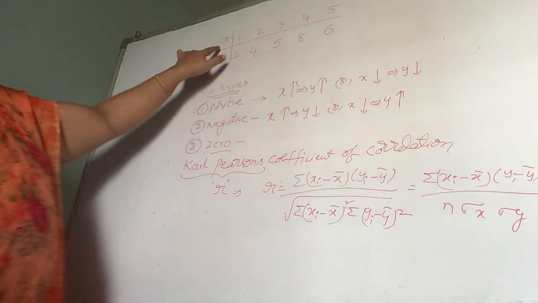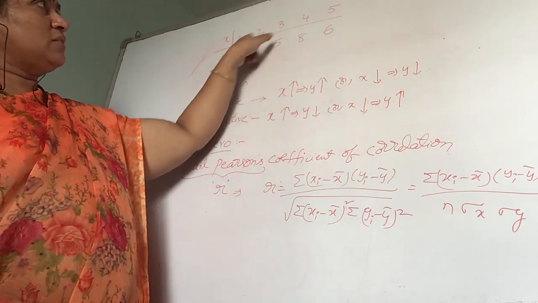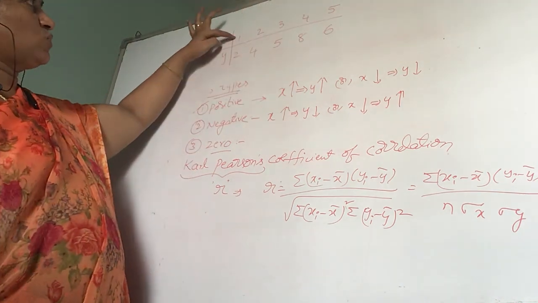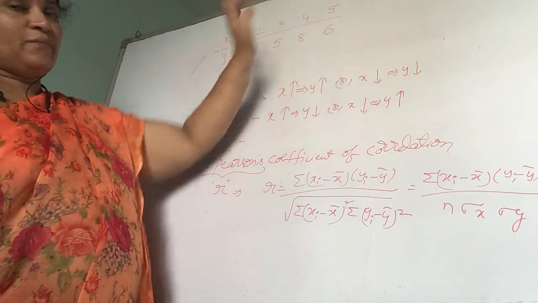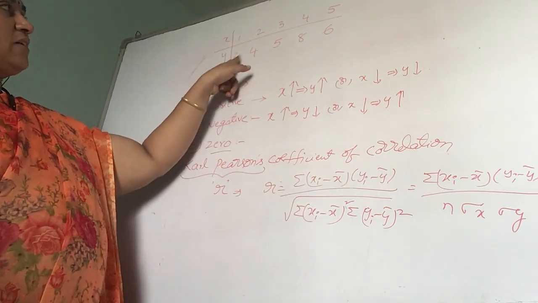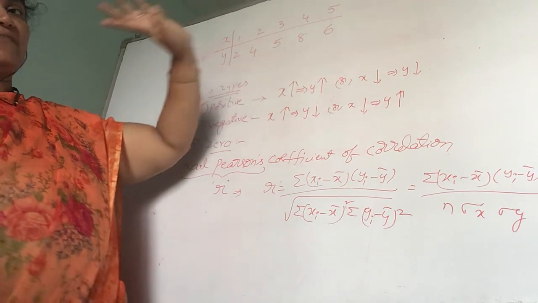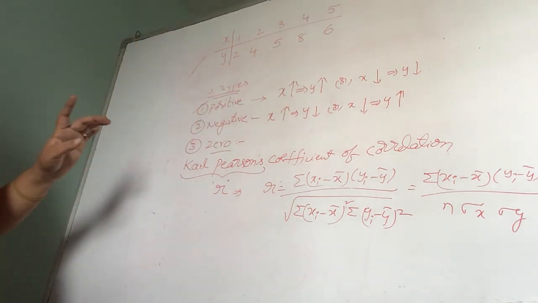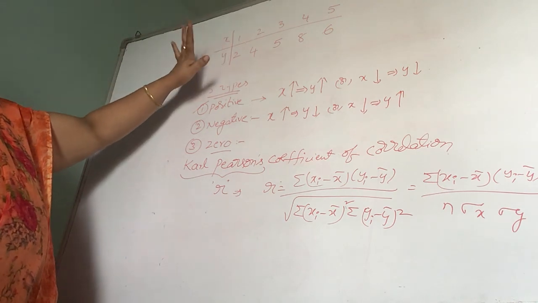The values of x are denoted with xi, that is x1, x2, x3, x4, x5, and the values of y are denoted with yi, that is y1, y2, y3, y4, y5. There are 5 values.